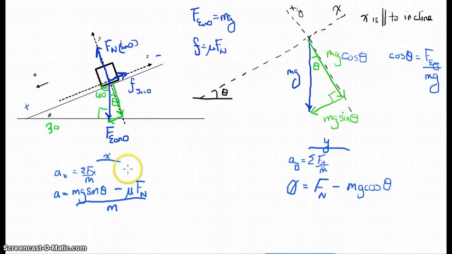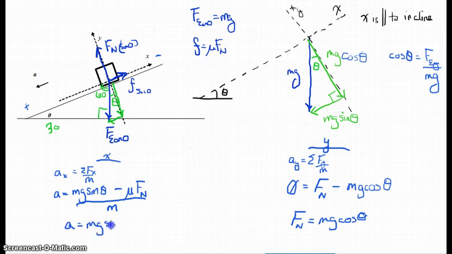So anyways, back down to here, you now have everything set up in variable form for the horizontal direction and the vertical direction. Now, if you need to figure out the normal force, you can add mg cosine theta to both sides, and you have the normal force is equal to mg cosine of theta. Okay? This then can be substituted in on the other side of the equation if need be.